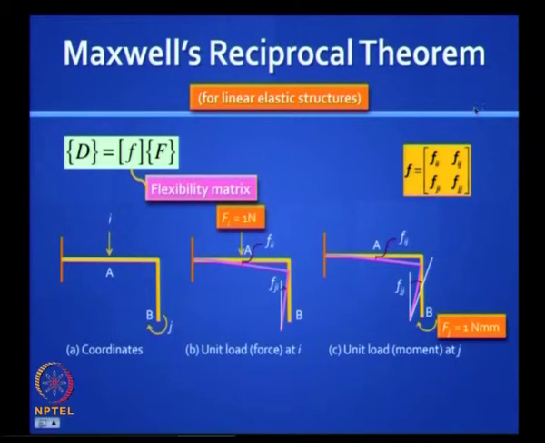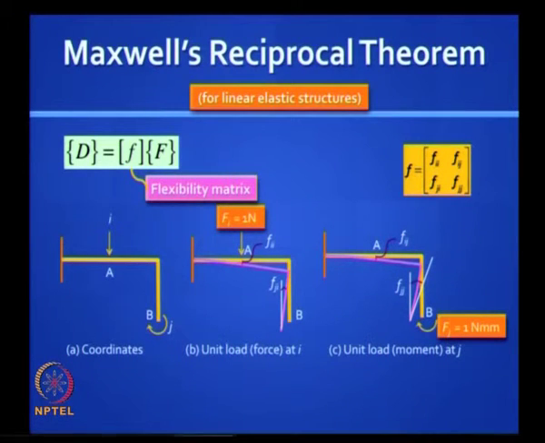Similarly, if I want to get the second column in this flexibility matrix, I apply Fj equal to 1, which is actually a moment, and the rotation I get at the location where I apply the moment is called Fjj, and the deflection at this I location is Fij, right.